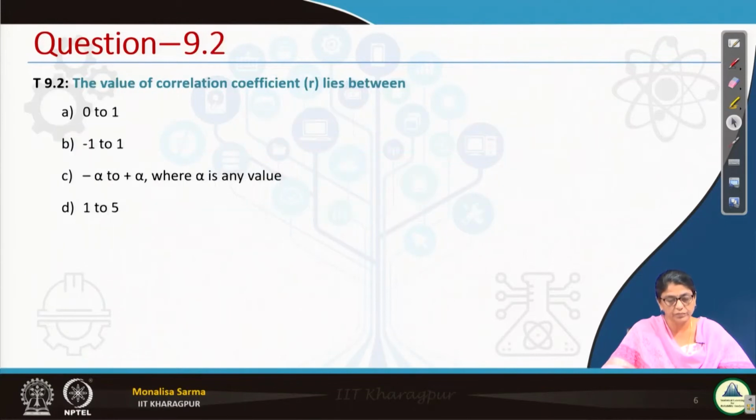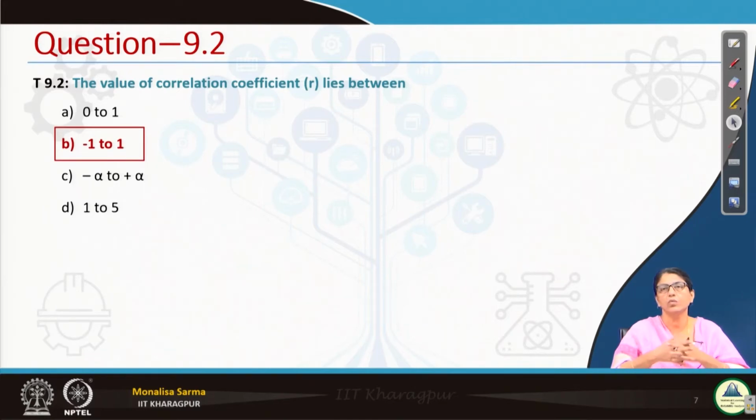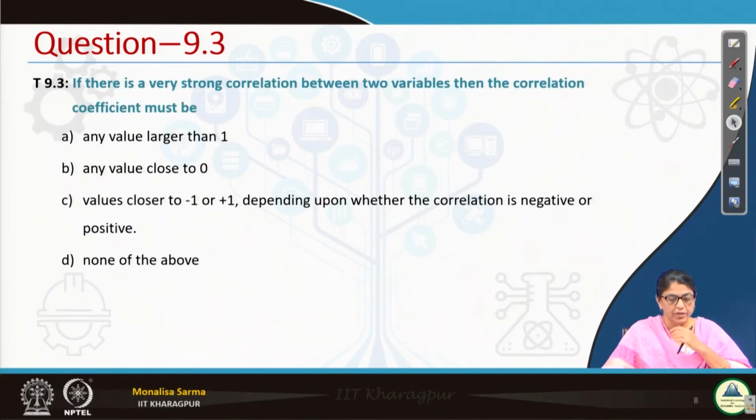Next question, the value of the correlation coefficient lies between what? Correlation coefficient lies between -1 and +1, isn't it? Because there can be negative correlations, there can be positive correlations. So the value lies from -1 to +1.